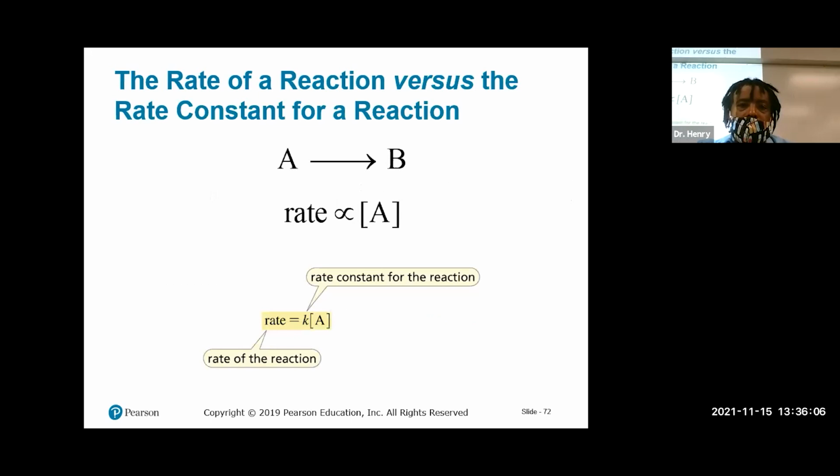You remember the rate is proportional to the concentration, so rate equals the rate constant times the concentration. Now this is for a simple reaction, of course. You remember that back in the day?